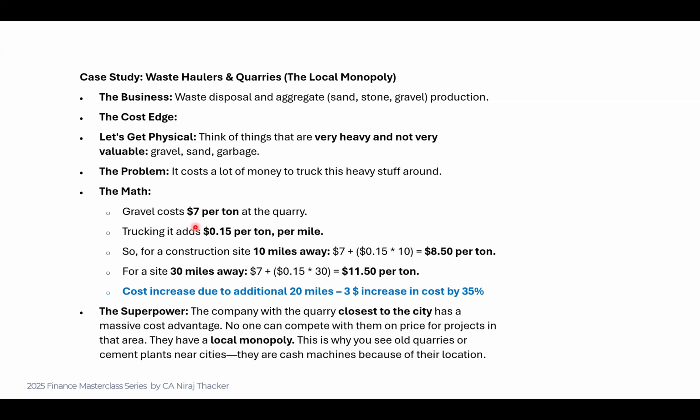Now imagine a competitor who is 10 miles away. For him, it will be 0.15 into 10 miles, so the cost will increase to $8.5. Imagine a competitor who is 30 miles away. For him, it will be $11.5. So the cost increase due to the additional 20 miles is $3, which is almost 35% of the cost. That is the kind of edge companies have when they are close to the customer or near the cities.